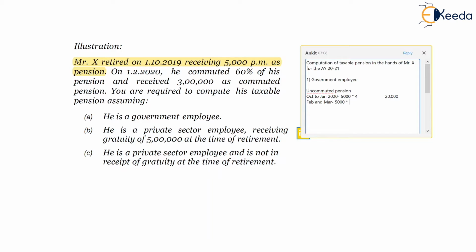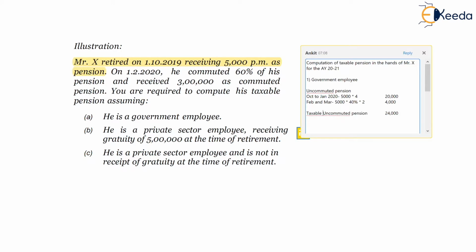So friends, only 40% will be the uncommuted pension for 2 months, right? So friends, 5,000 into 40% is 2,000, into 2 is nothing but 4,000. So friends, total uncommuted pension is nothing but 24,000. This will be taxable in the hands of the government employee.